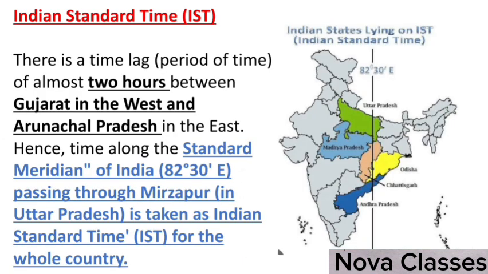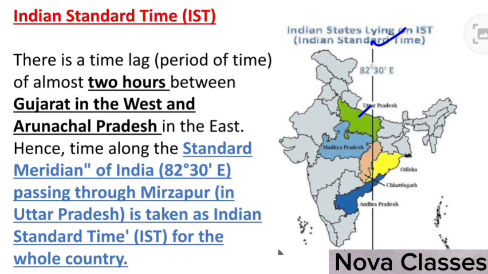Now we are going to talk about what is the Indian Standard Time. Indian Standard Time is very important. Why? Because Indian Standard Time is measured along this line, 82 degree 30 minute east, which passes through Uttar Pradesh.